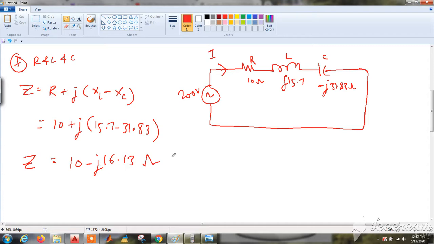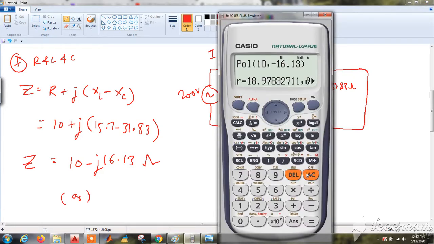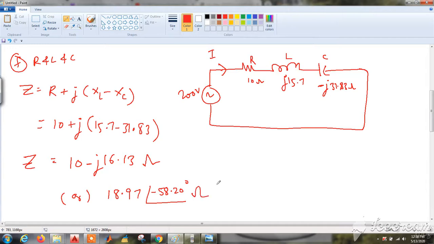So our impedance is 10 minus j16.13, or in phasor form we can write as 18.97 at an angle of minus 58.20 degrees. And this is our impedance, and this is our power factor angle, that is minus 58.20 degrees, minus because we already have seen that the capacitor is dominating more.